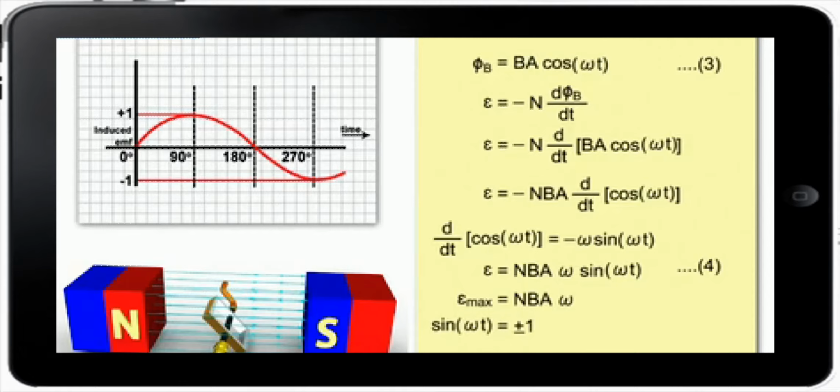That is, when theta is 90 degrees or 270 degrees. This is because the change of flux is the maximum at these two angles of the coil.